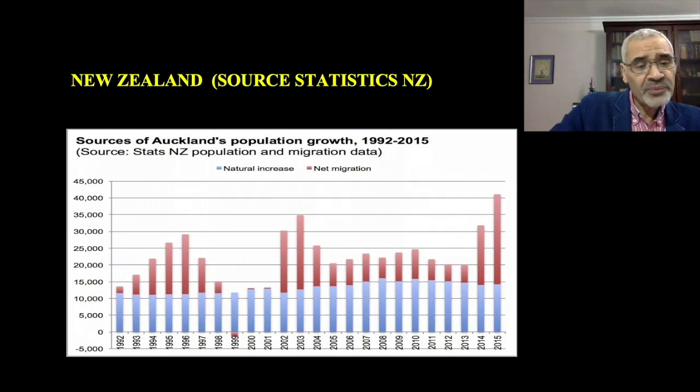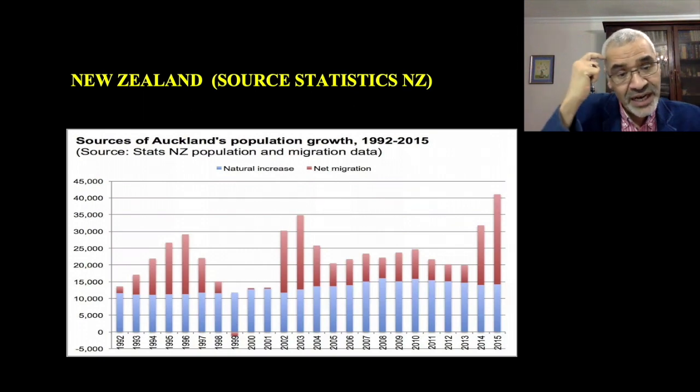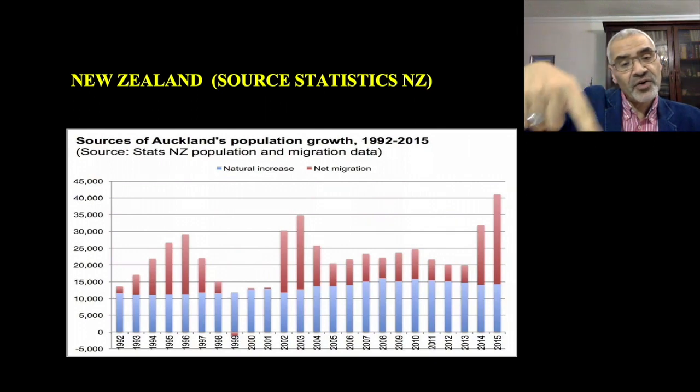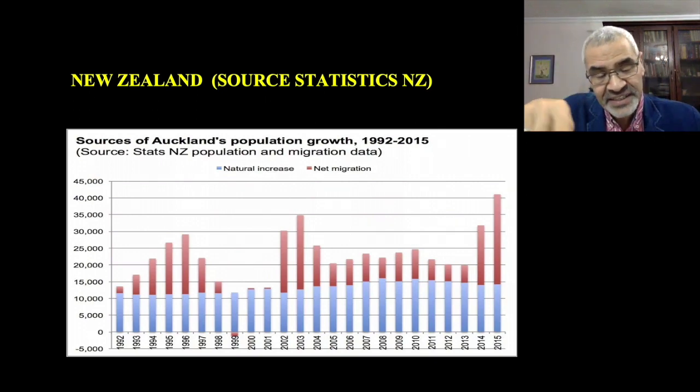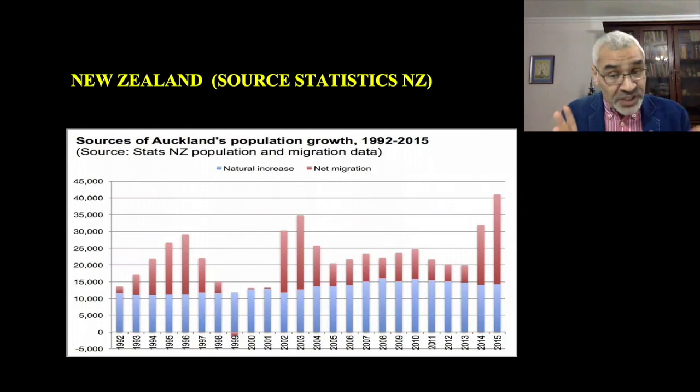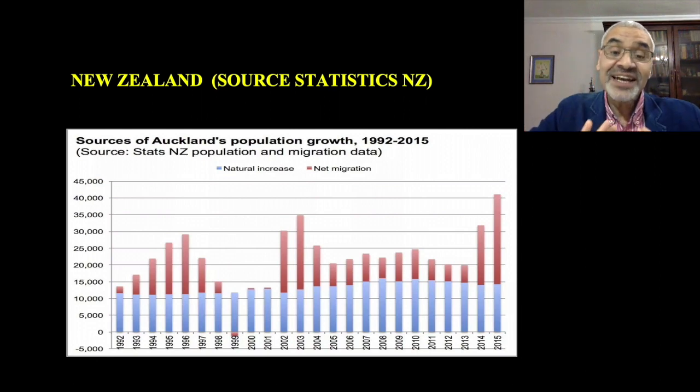So the lower panel of the pyramid with blue or light blue color is attributed to natural increase, and the complement of the cell of the column with red or brown is attributed to net migration. And here you can see again the importance of migration on population increase of a country like New Zealand.